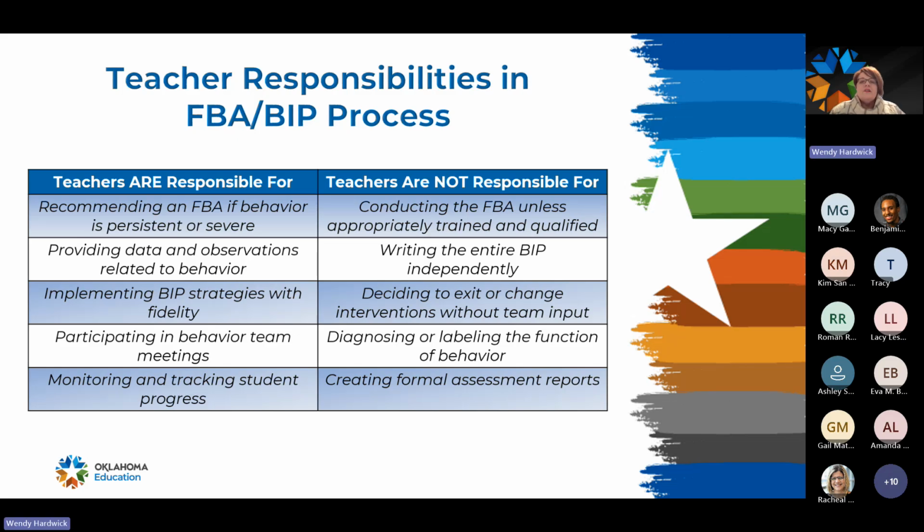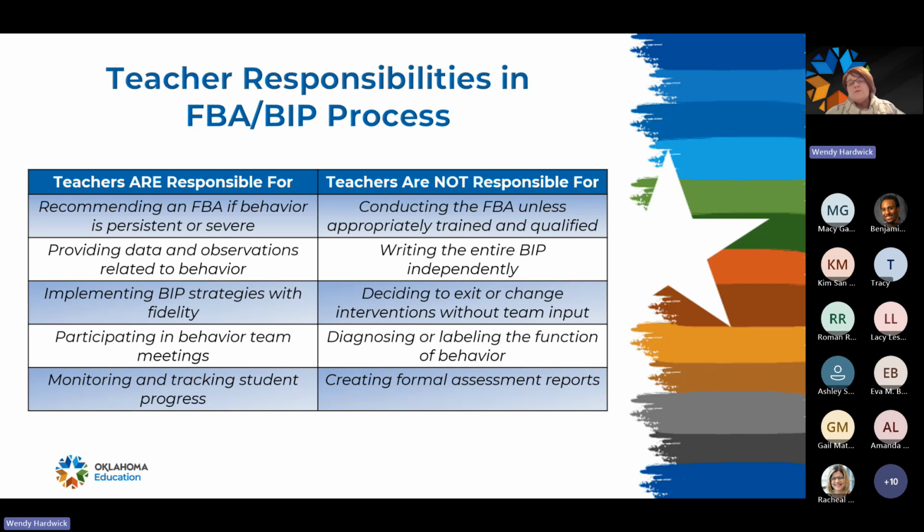So this table clarifies what teachers are and aren't expected to do. It helps prevent burnout and confusion while highlighting the critical role educators play in behavior planning. So, for example, teachers are responsible for recommending an FBA if behavior is persistent or severe.